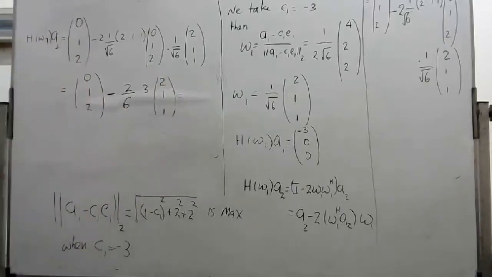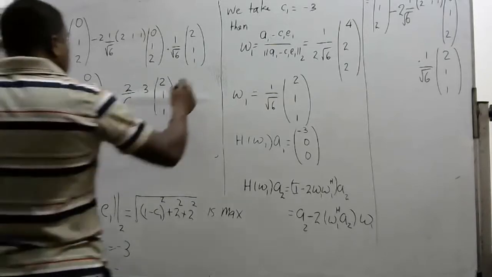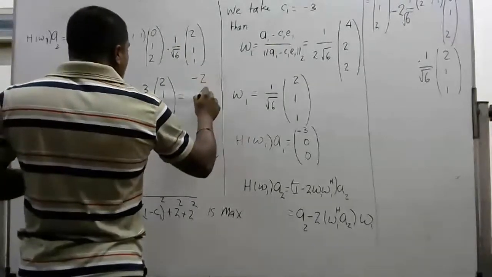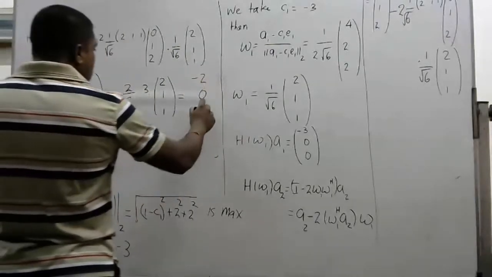So 2 times 3 over 6 is 1. So you basically subtract 2, 1, 1 from 0, 1, 2. When you subtract that, you obviously get minus 2, 0, 2 minus 1 is 1.